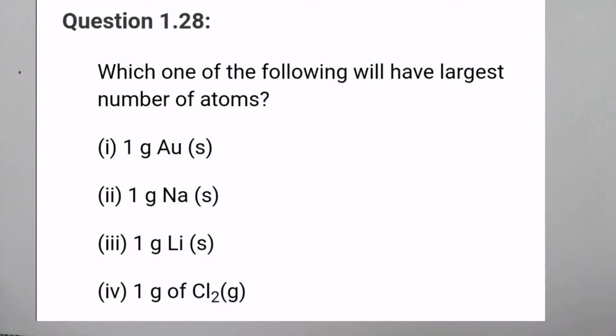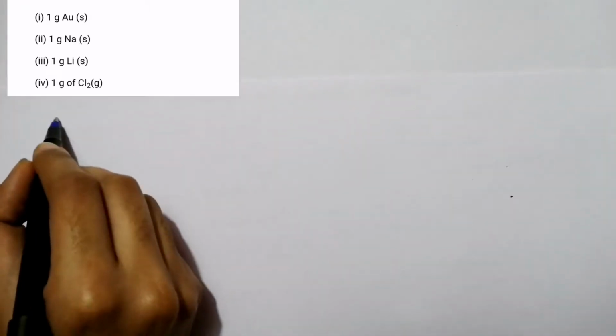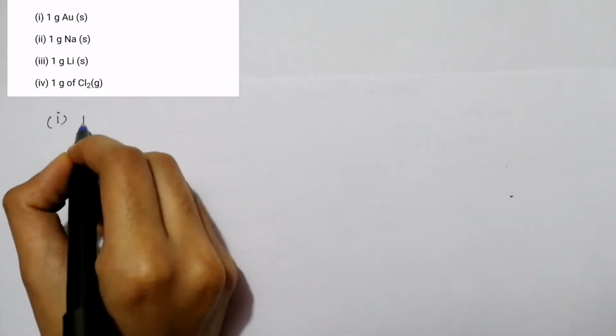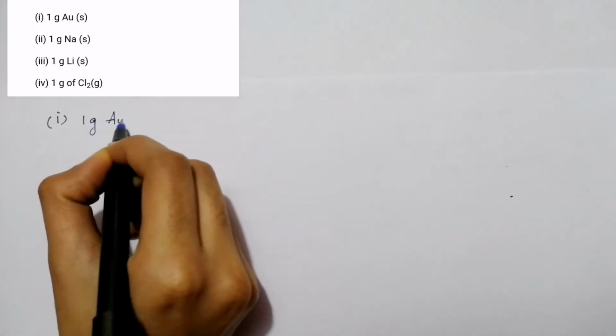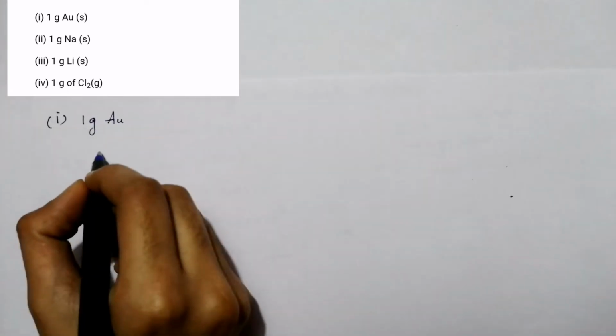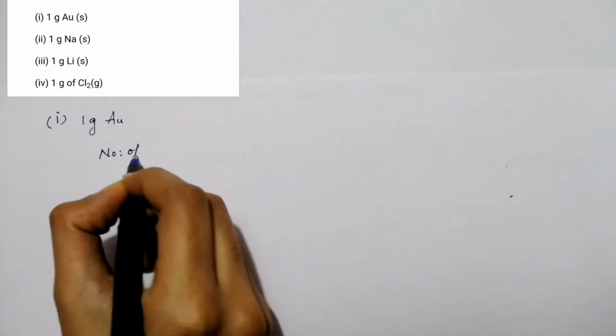Next we have question number 28, and the question says which one of the following will have largest number of atoms. And then we have 4 options. Let's try solving this question. In the first option, we are asked to calculate how many atoms are present in 1 gram of Au, that is gold. To solve this, let us first calculate the number of moles of gold.